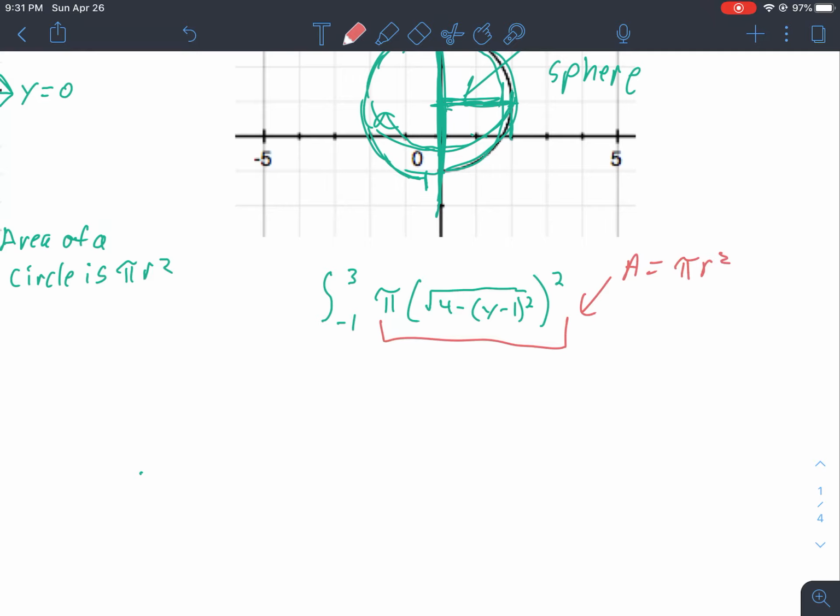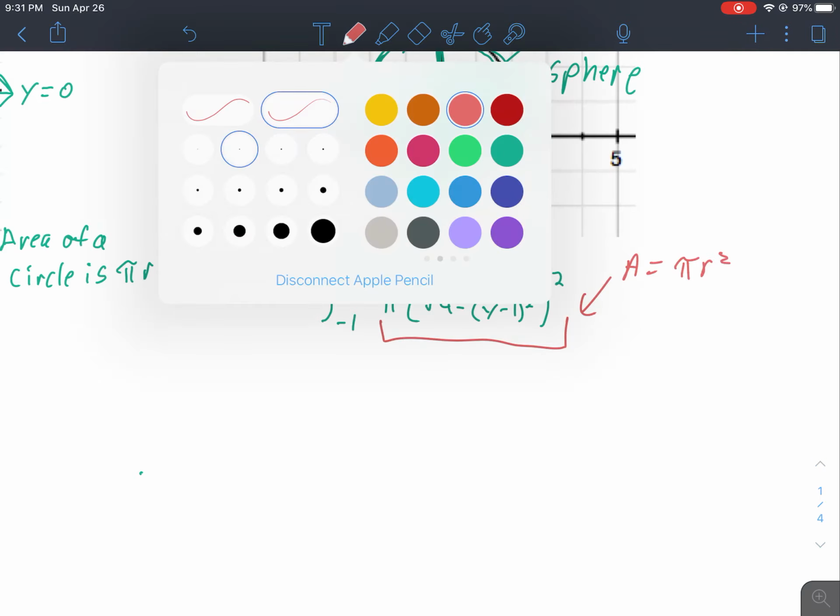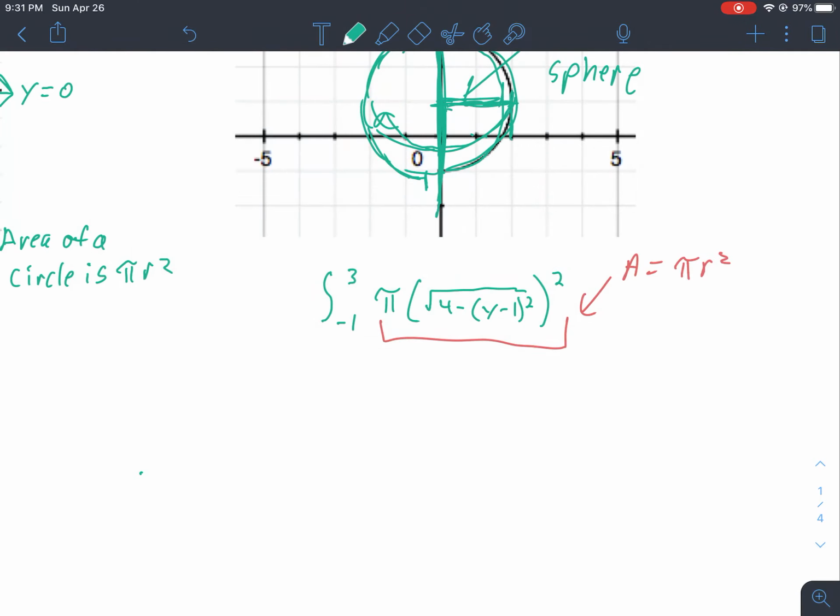So all the circles added up making a sphere. Okay, let's try it. All right, so let's make it look a little better. -1 to 3. Now, the square root and the square cancel. That's pretty handy. So then we have pi times 4 minus (y minus 1) squared.